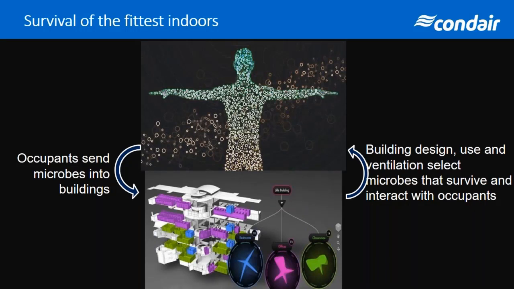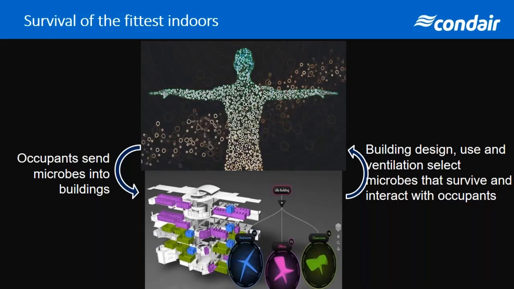So this next slide is really important. This kind of tells a huge story. So occupants, human beings, our pets, whoever is in a building sends their microbes into that space. And then, depending on how a building is designed and ventilated and used, certain microbes are selected to survive.